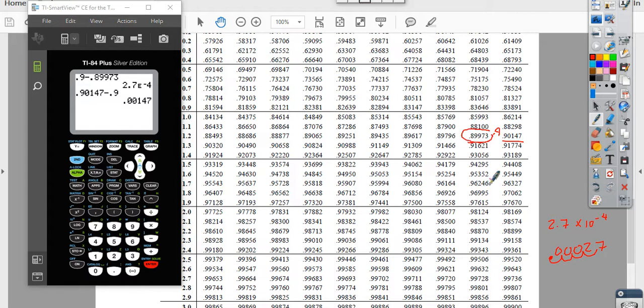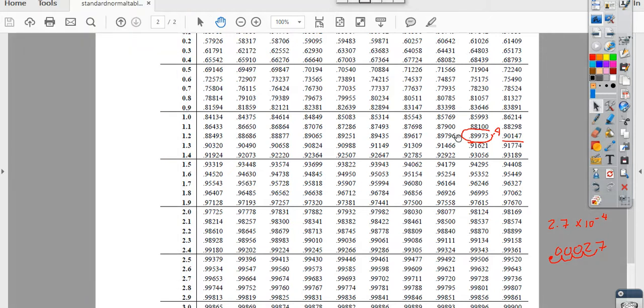So believe it or not, if you think about that, you're only 0.0147 away from where we need to be. We're only 0.00027 away from the other. So we're going to use this guy as our landmark, our probability to represent 0.9.